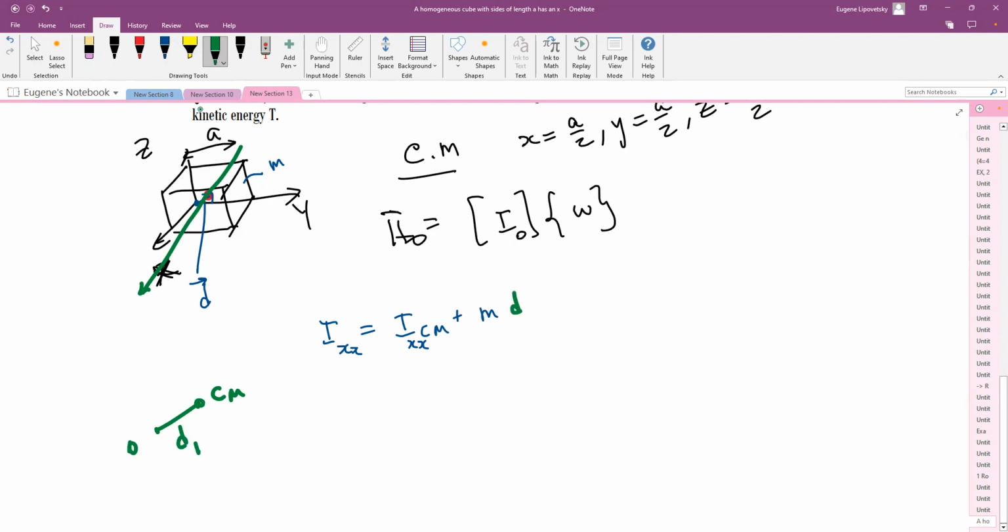So plus M D1 squared. I_xx about center of mass is taken from the elementary textbook.